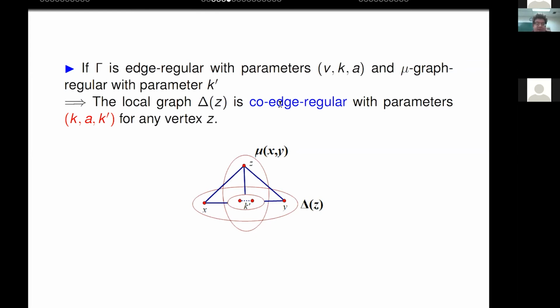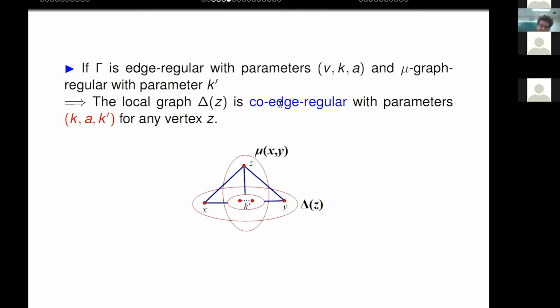This holds in particular for distance regular graphs, if it is mu graph regular, because if you look at the neighborhood of Z, then the common neighbors of x, y, and z are either in the mu graph of x, y, neighbors of z in the mu graph of x, y, or if I look locally at z, then in the local graph, the mu graph of x and y has also the same amount of neighbors.